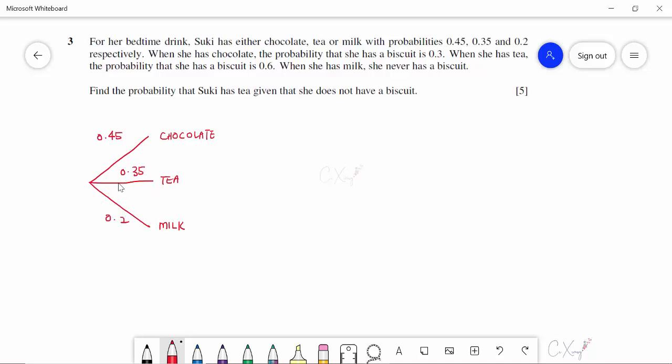After we know that she has chocolate, the probability that she has a biscuit is 0.3. So for the second stage of the tree diagram, we draw whether she has a biscuit or not. This one means she has a biscuit, and after that we have the option of not having a biscuit as well. The same thing happens for tea and also milk.